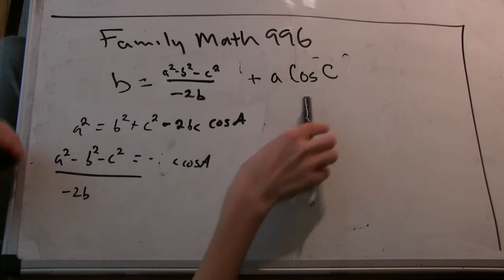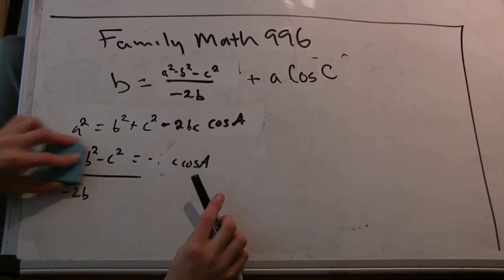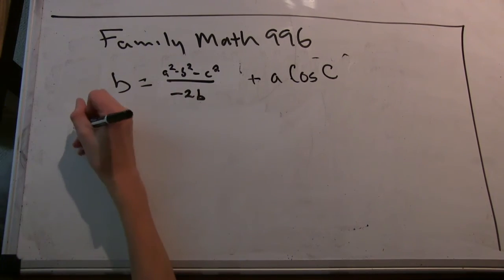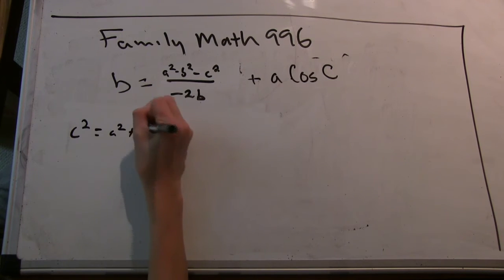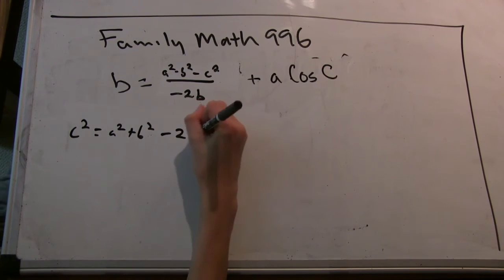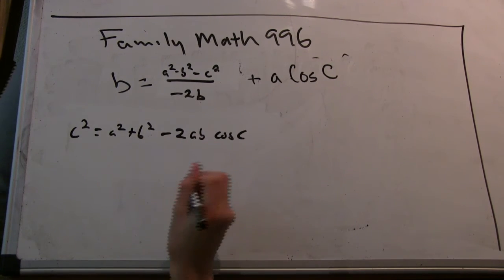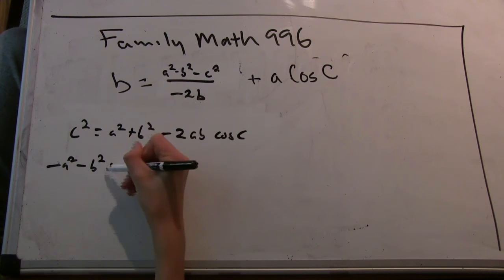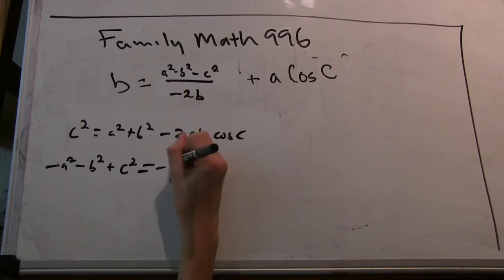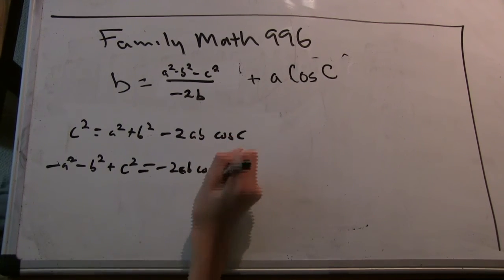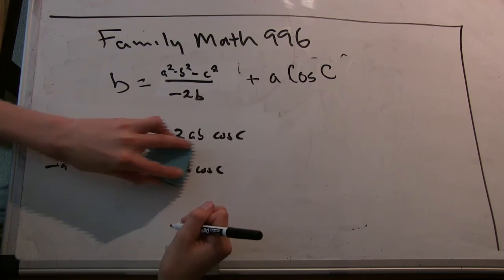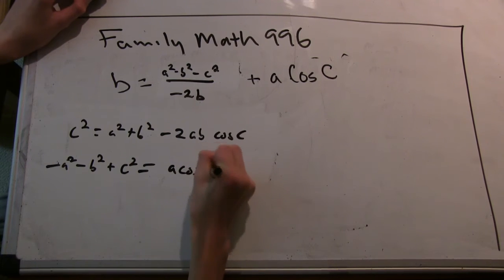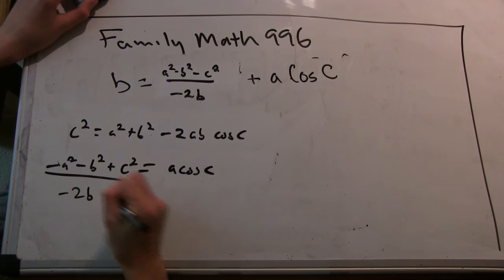And we should get a similar expression for a cosine C. So again, using the law of cosines, we get c squared is a squared plus b squared minus 2ab cosine C. We're going to do the same thing, and then divide by negative 2b and get a cosine C over negative 2b.